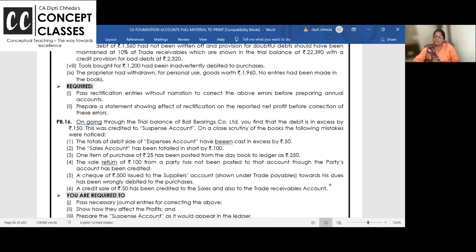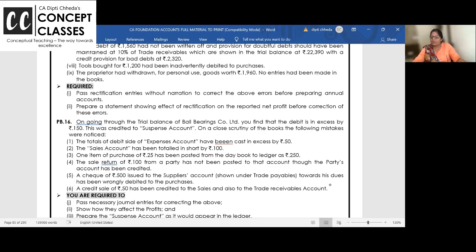So what is going to be the effect of these entries? On the reported net profit before the correction of these errors, how they are going to affect the profits, that also they have asked us.